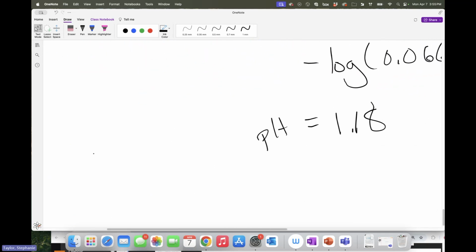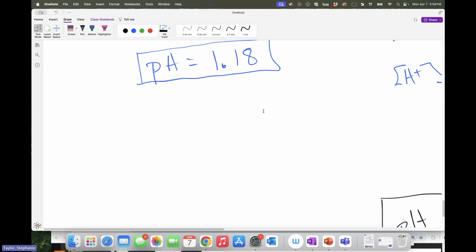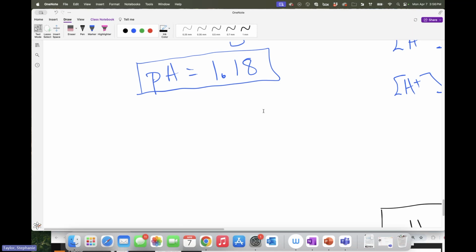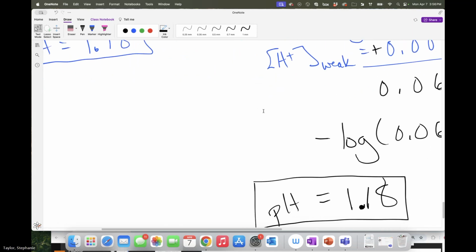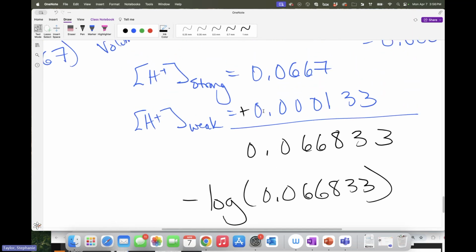So I did an ice table. I had to go back to molarity, and I had to add things together to get the answer I got like 10 minutes ago. So I did that because you don't have to.